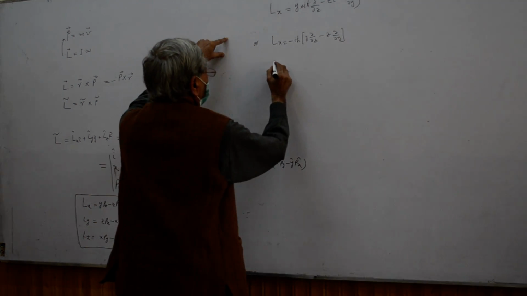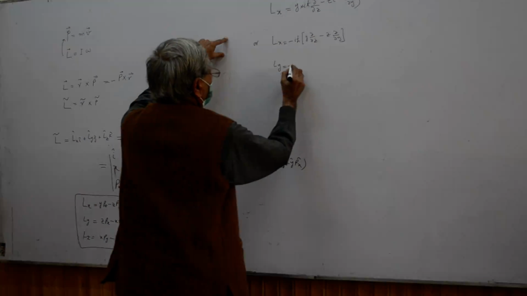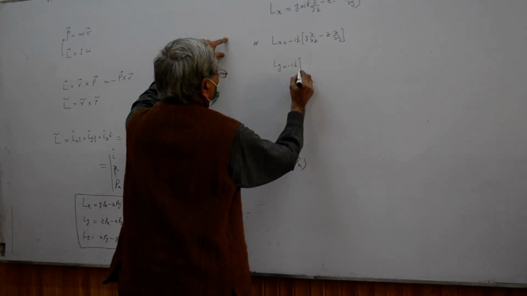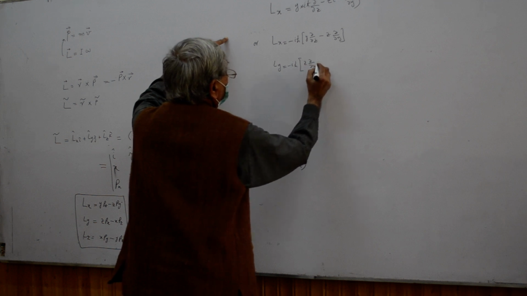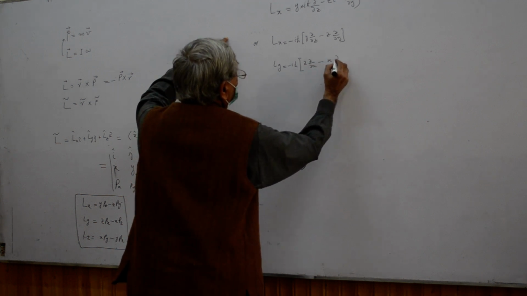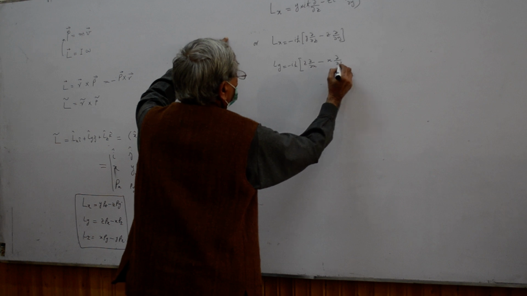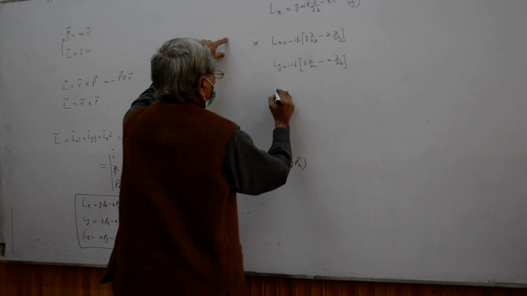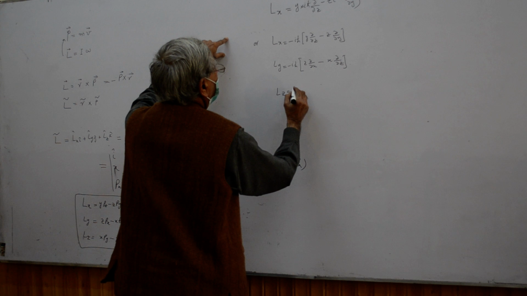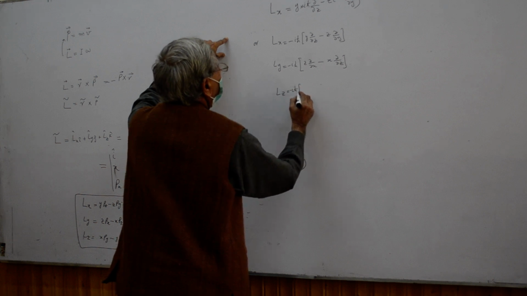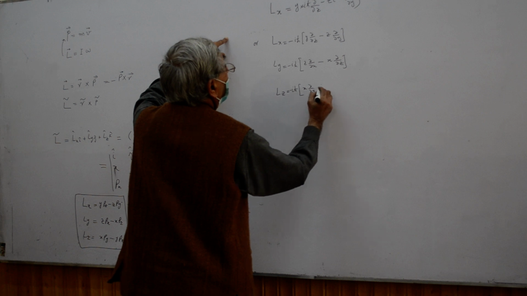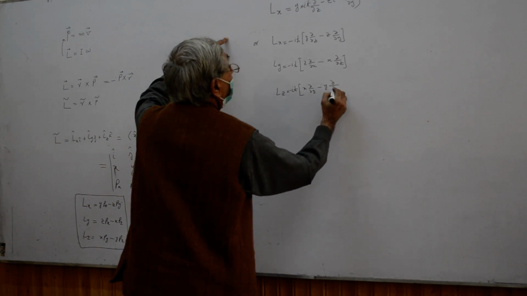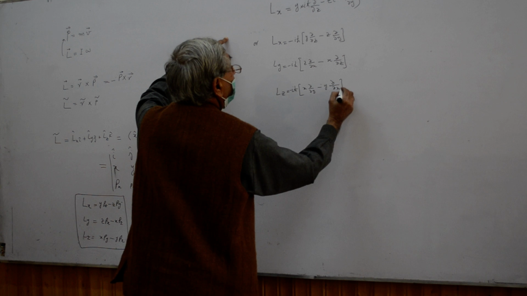Similarly, Ly will be equal to minus i h bar z delta over delta x minus x delta over delta z, and Lz is equal to minus i h bar x delta over delta y minus y delta over delta x.